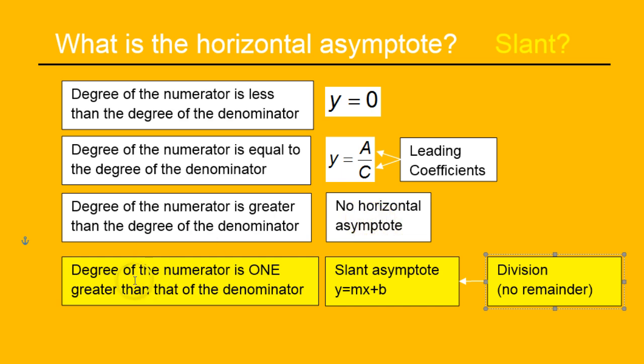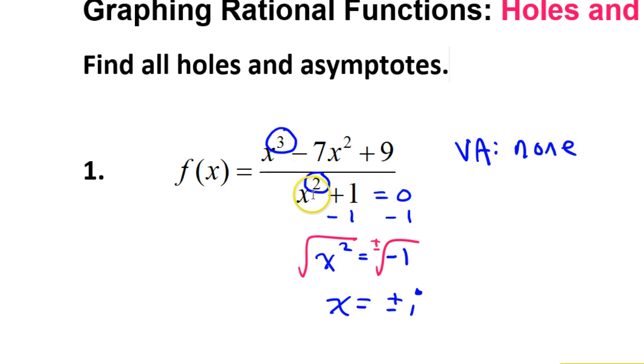But is there a slant asymptote? Is the numerator degree 1 greater than the denominator? Well, this is 3 and this is 2. So this is exactly 1 higher. So there should be a slant asymptote. So in terms of horizontal asymptote, we're going to go ahead and say none. But we are going to look for the slant asymptote, and there should be 1.